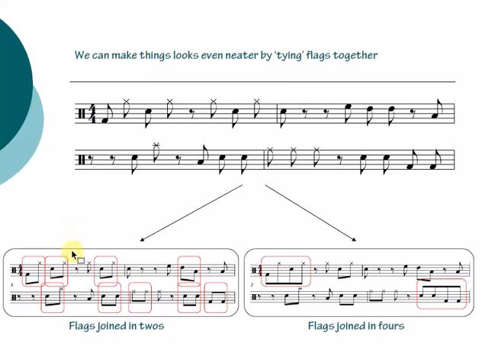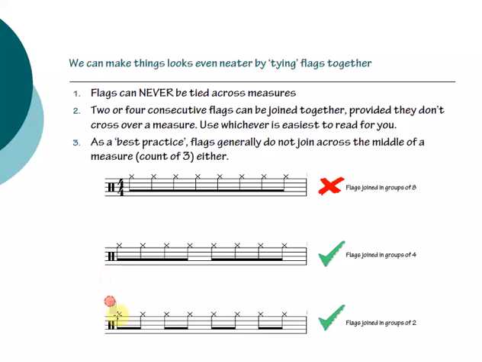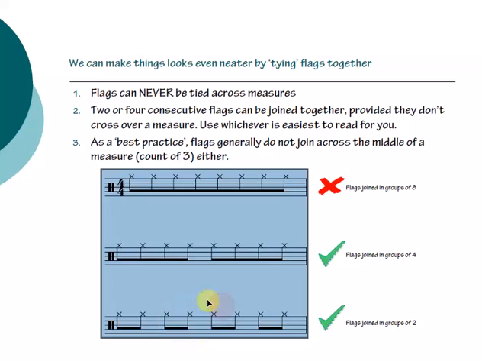Now you notice here on the count of 3 and, I haven't joined that eighth note to that eighth note. Why? Well, because if you look at the previous example, it's almost like picking out bays here. There's 1 and 1 end, there's 2 and 2 end, there's 3 and 3 end, and 4 and 4 end.